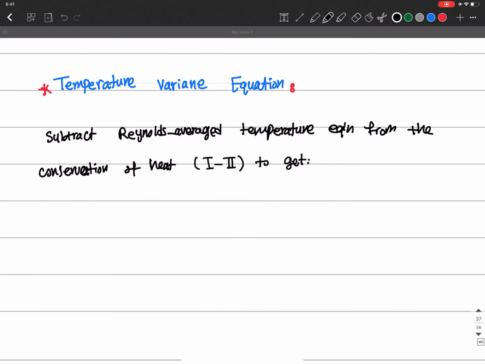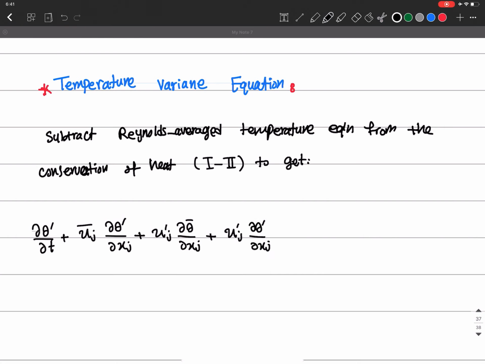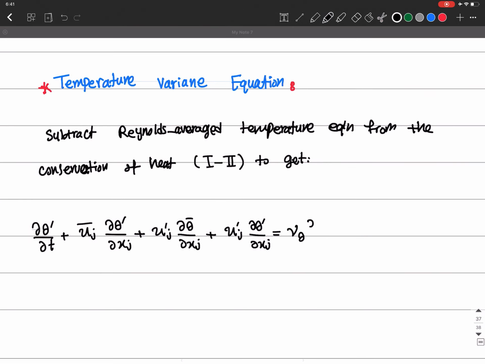You will get the following equation: partial theta prime over partial t plus u bar j partial theta prime over partial xj plus u prime j partial theta bar over partial xj plus u prime j partial theta prime over partial xj equals nu theta partial square theta prime over partial xj square plus partial u prime j theta prime over partial xj minus 1 over rho bar cp partial q prime j over partial xj.